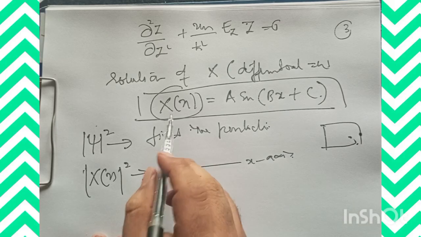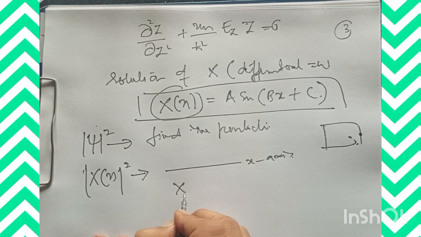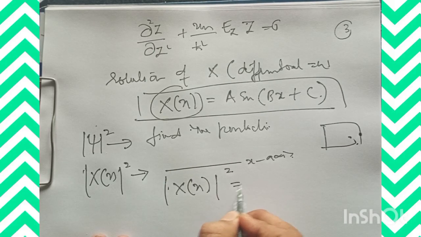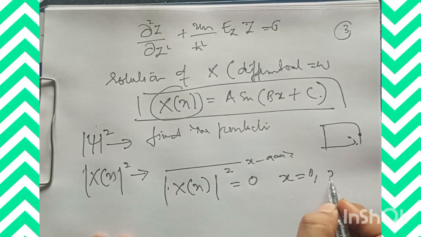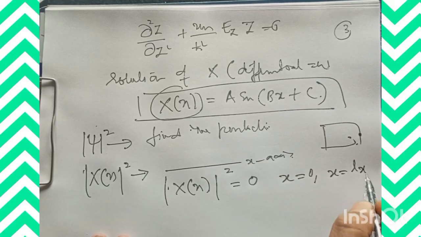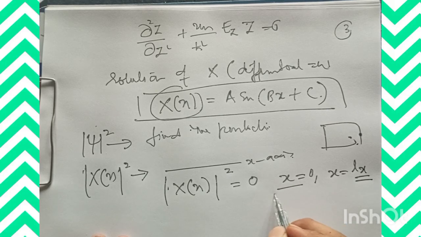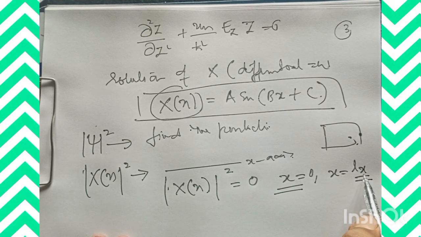So what's going to happen to my function X of x? The square of its magnitude should be equal to 0 when x is equal to 0, or when x is equal to Lx. This is the edge of the box, and this is the start of the box along the x-axis. So the particle cannot be found at the edge of the box.